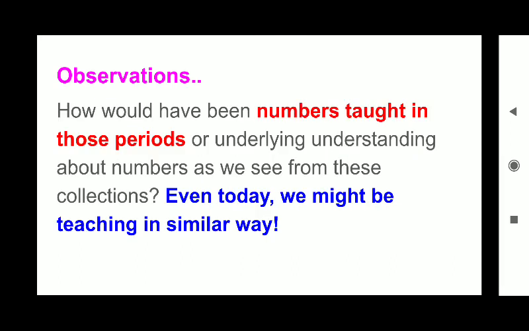How would numbers have been taught in those periods? This is actually the way we are taught in primary education. For example, A for apple, apple means A, and also looking at just the pictures, narrating stories.